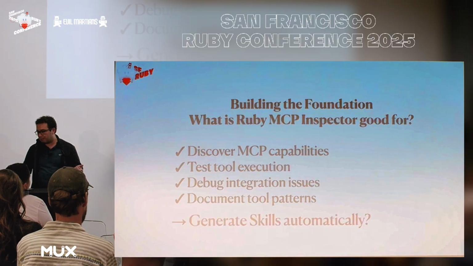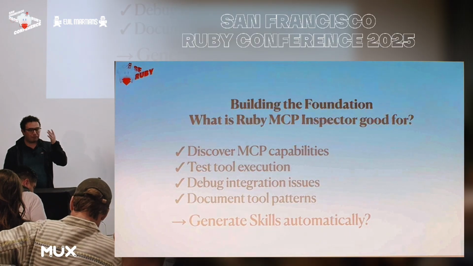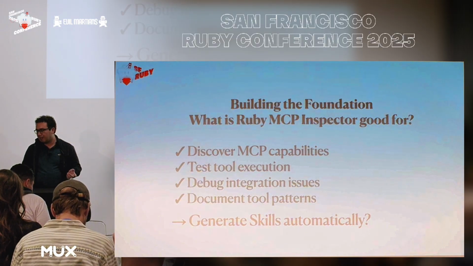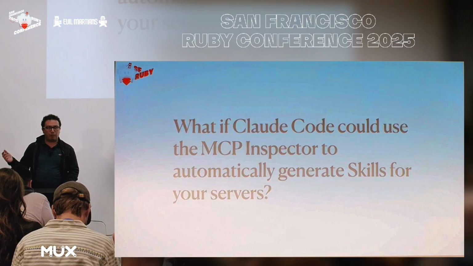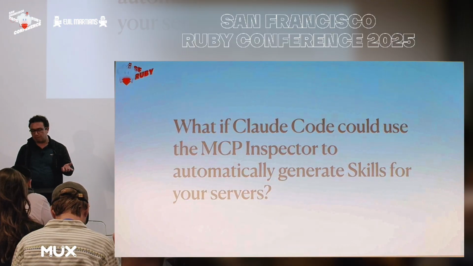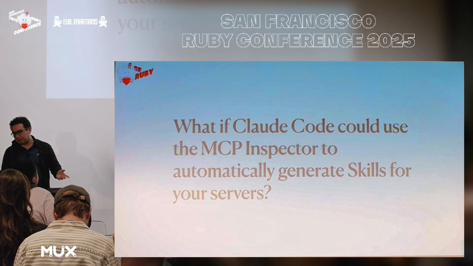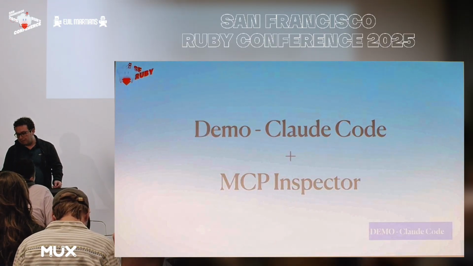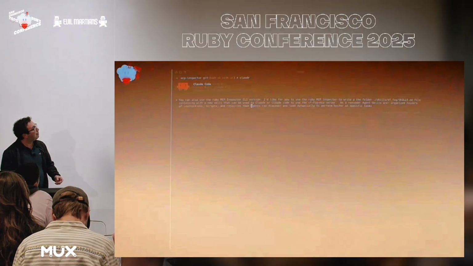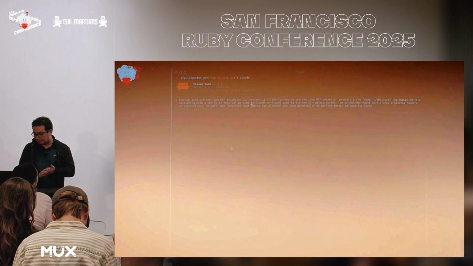And documenting patterns also means generating skills for the models. So what if, for example, we could tell Claude Code to use MCP inspector to generate skills for your MCP servers?